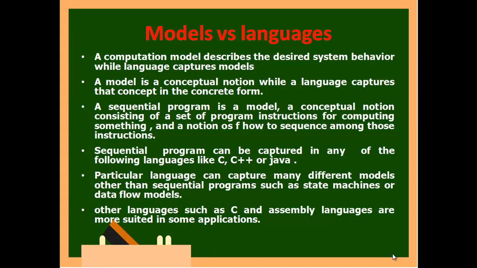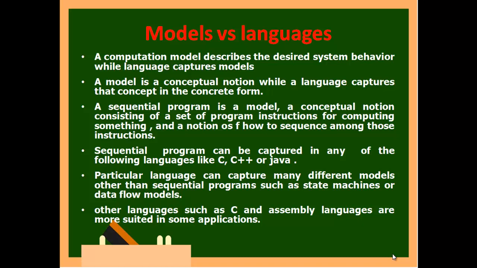Then comes this: a model is a conceptual notation, while a language captures that concept into concrete form. A sequential program is a model, a conceptual notation consisting of a set of program instructions for computing something, and the notation is how the sequence among these instructions works.